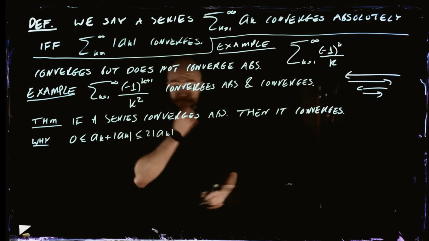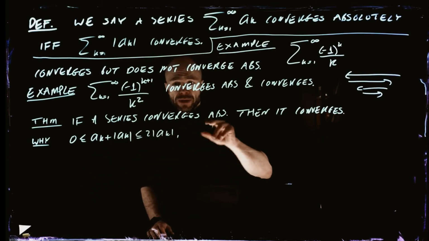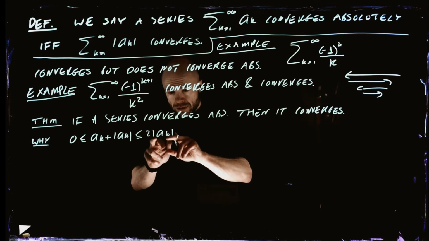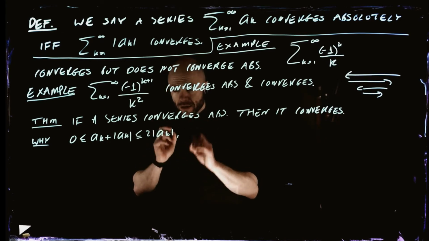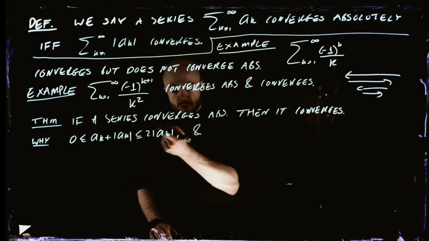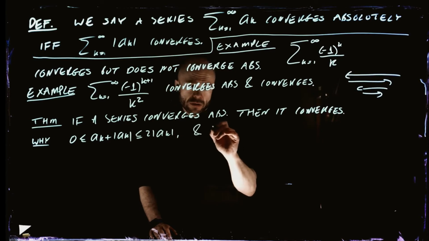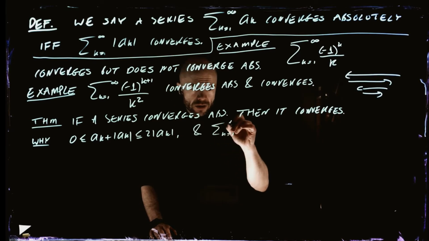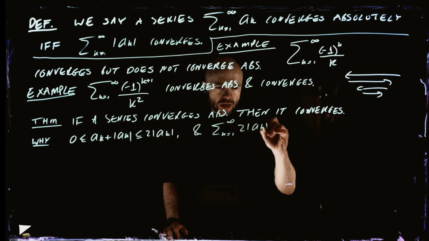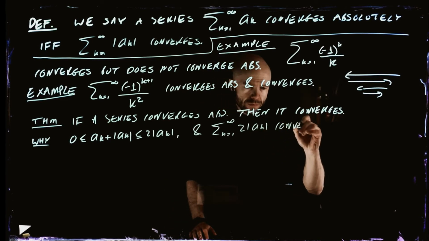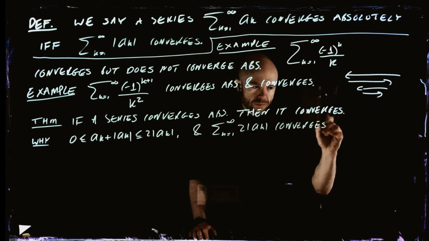Since we're assuming that the series converges absolutely, the sum of the absolute value of a_k converges. So therefore, twice the sum of this thing converges: the sum k equals 1 to infinity, 2 times the absolute value of a_k converges.